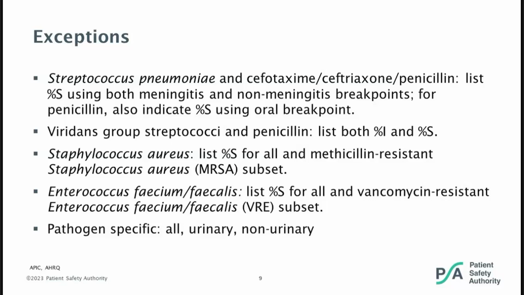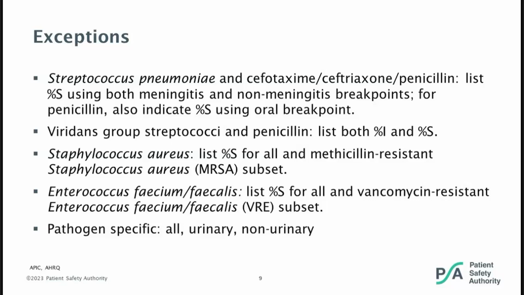Quite often with Staph aureus and Enterococcus faecalis and faecium, you're going to see subsets of MRSA, methicillin-resistant Staph aureus, and vancomycin-resistant Enterococcus. They will be listed, both the organisms and the resistant organisms.